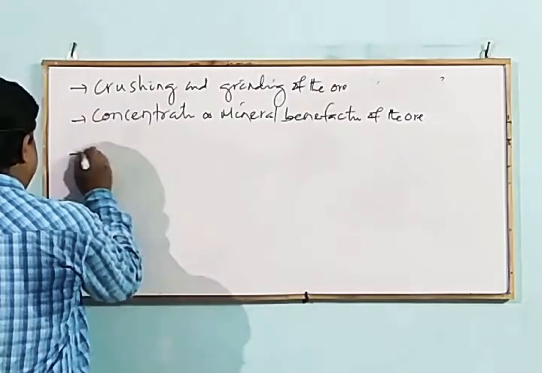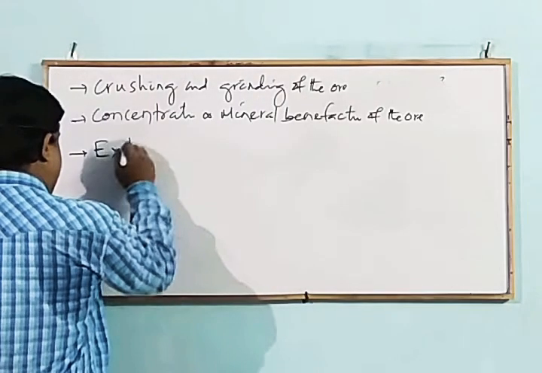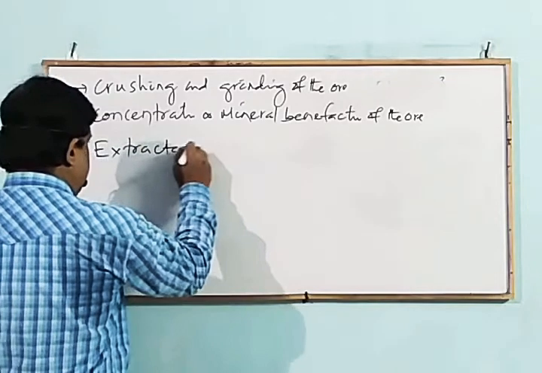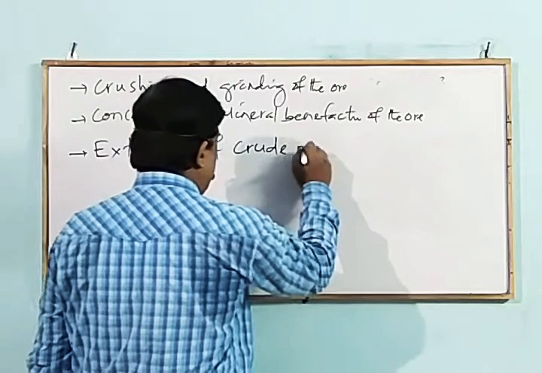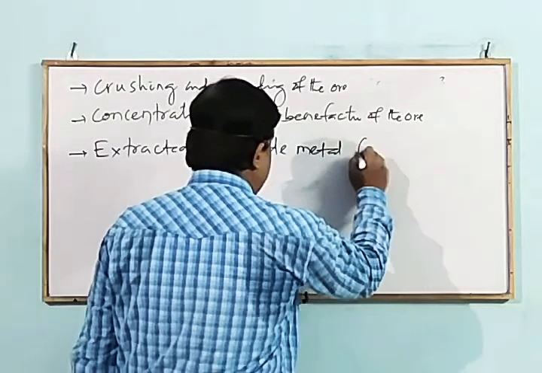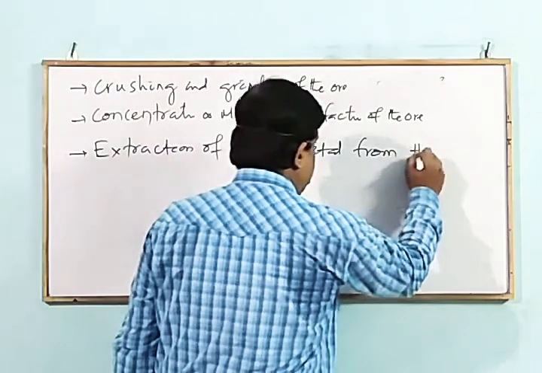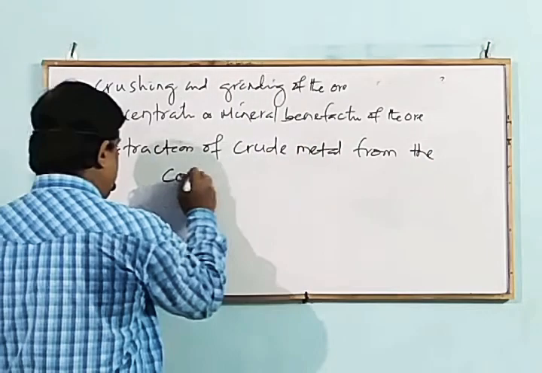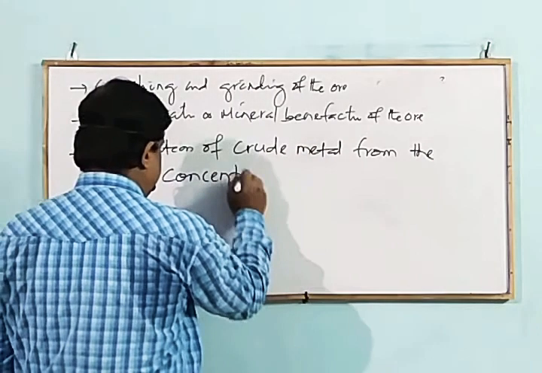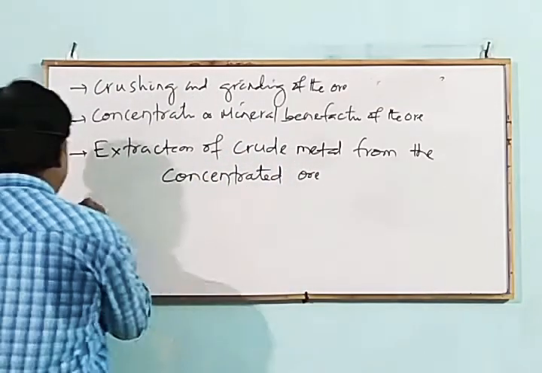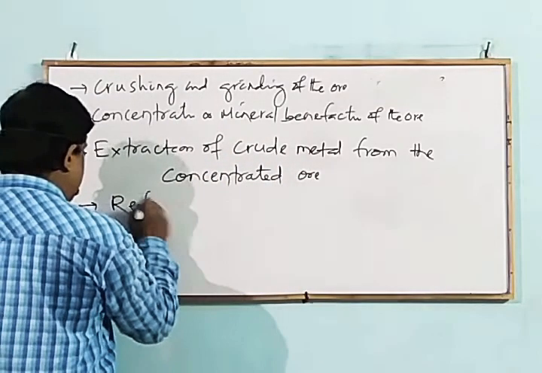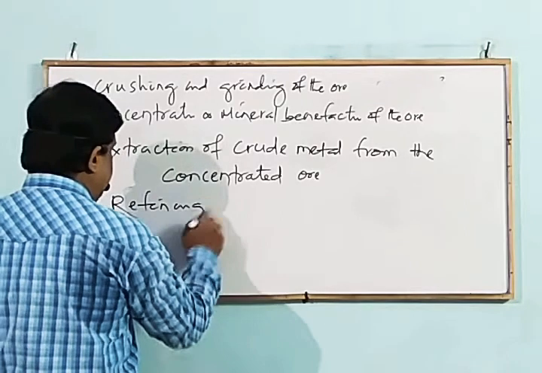Next, extraction of crude metal, means impure metal, from the concentrated ore. And the last one is refining.